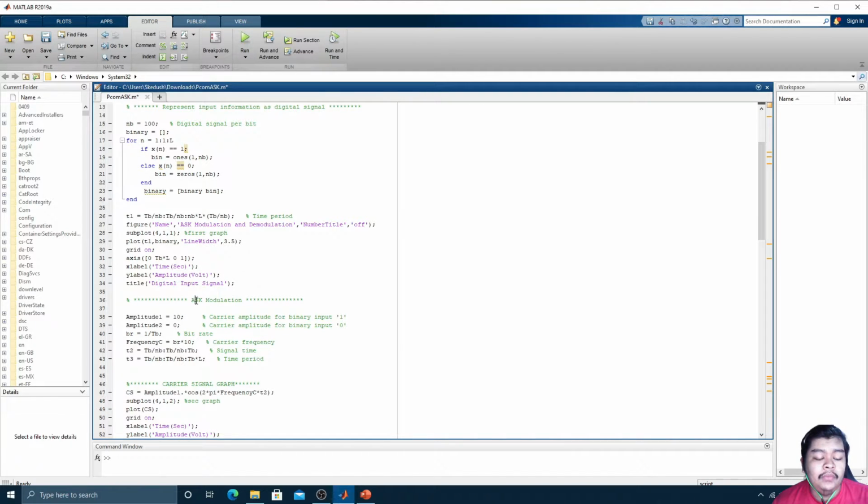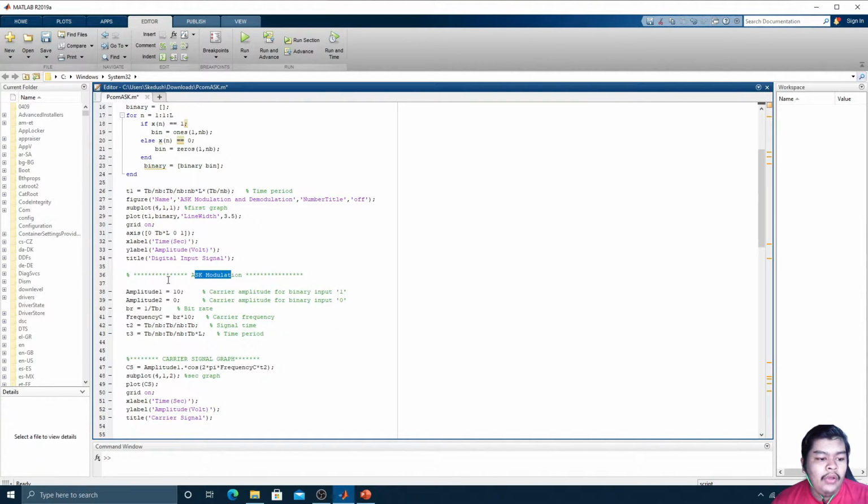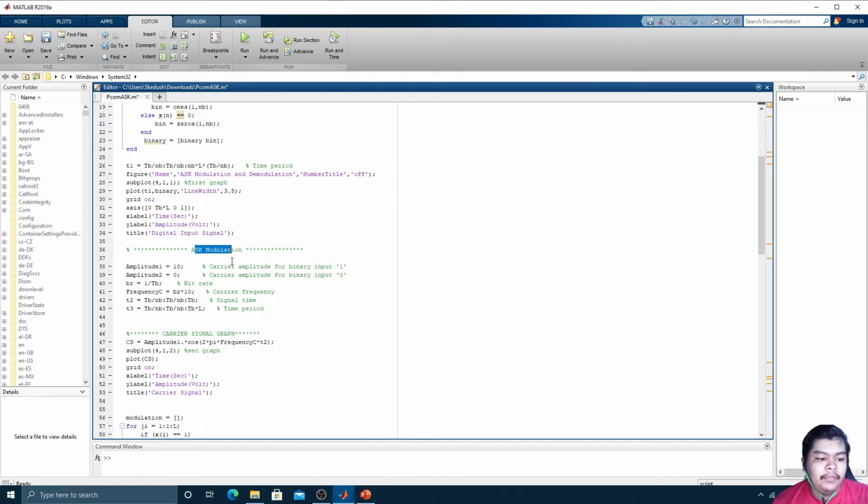Next, we are doing the ASK modulation. For example, in this digital graph, we actually need to multiply one by one. For the first time, second, third, and fourth, because this is not like a normal graph.